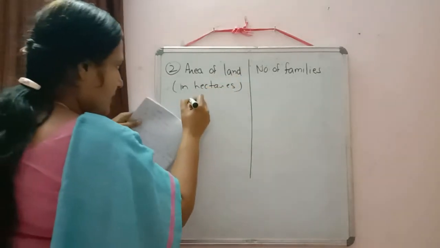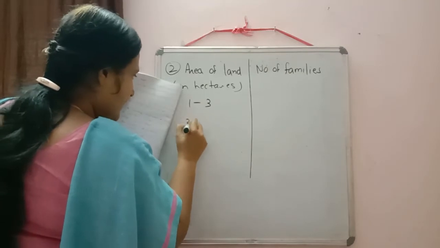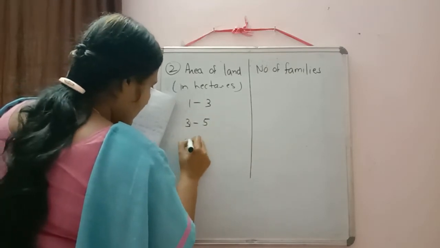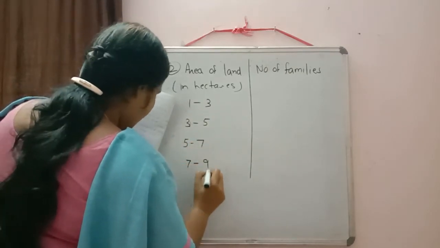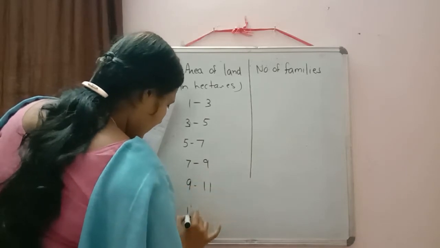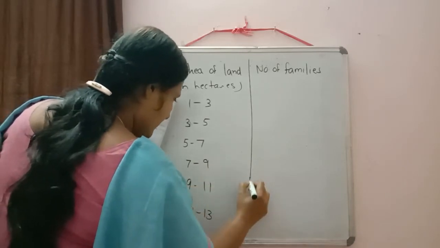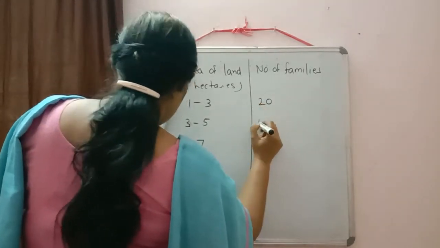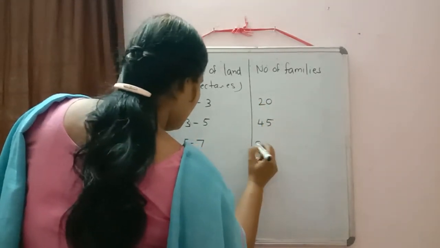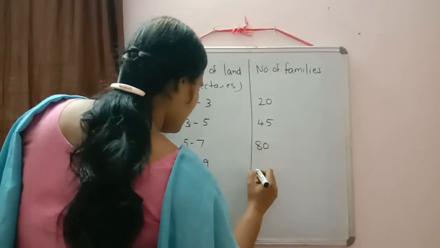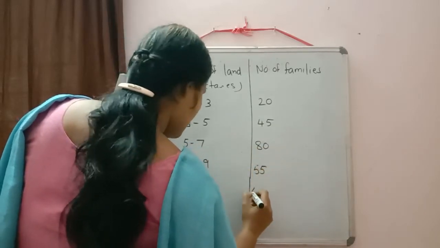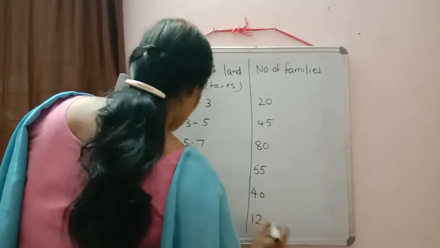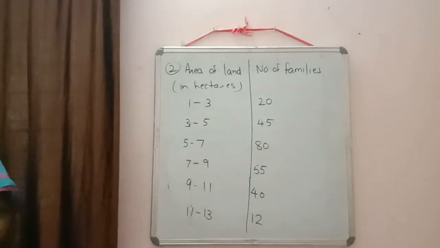Class intervals are given: 1 to 3, 3 to 5, 5 to 7, 7 to 9, 9 to 11 and 11 to 13. And the number of families are 20, 45, 80, 55, 40 and 12. So these informations are given.